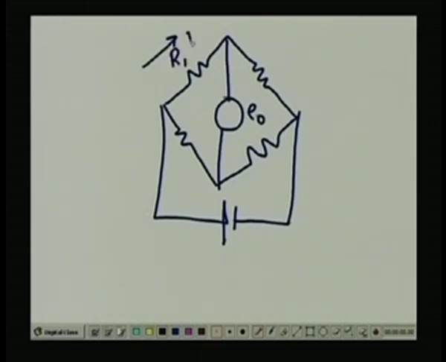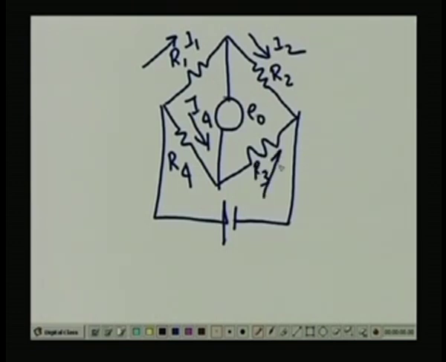Suppose this is I2, all currents different, R2, this is I4, this is R4, this is R3, current is going in this direction, I3, and this is my excitation Ex, right, and I gave some nodal points A, B, this is A, this is B, this is C, and this is D.